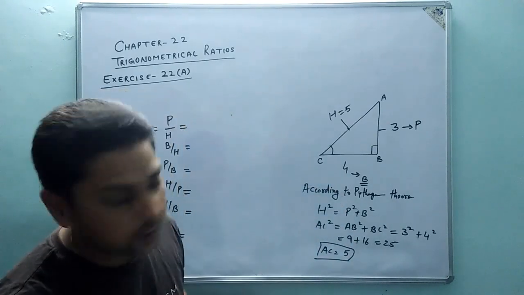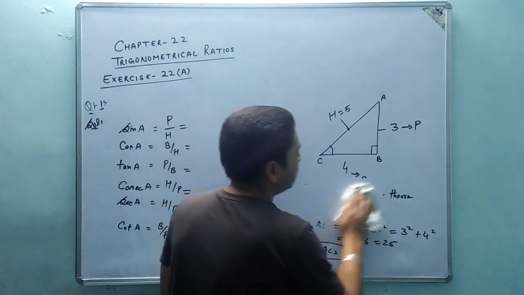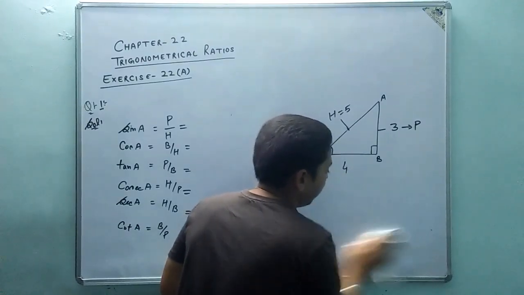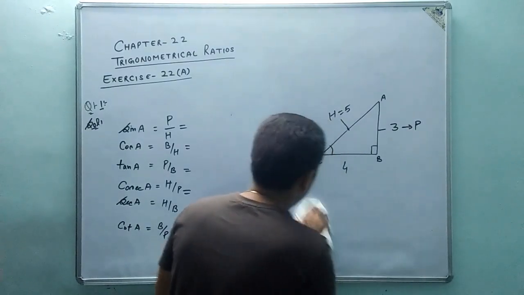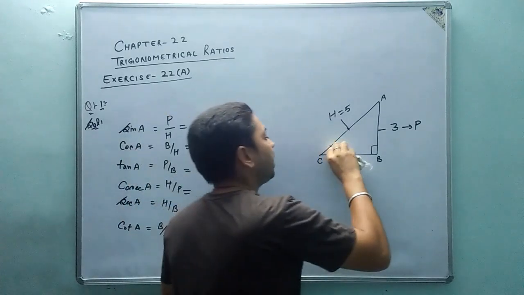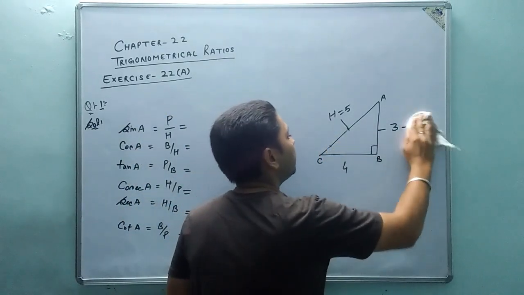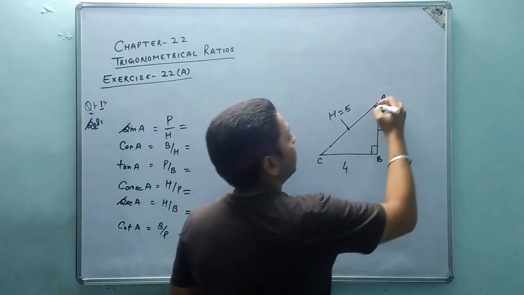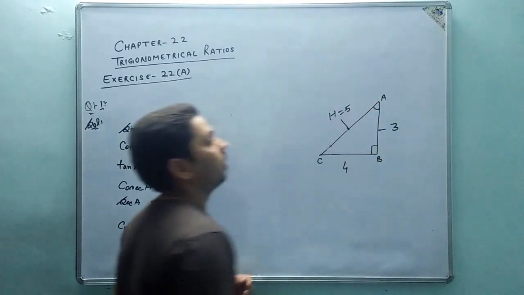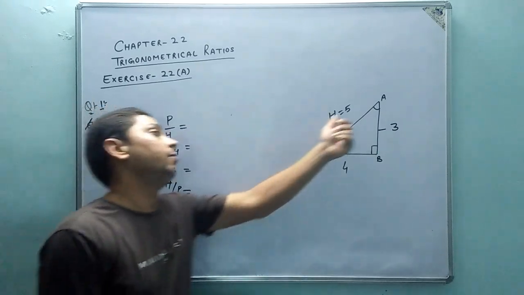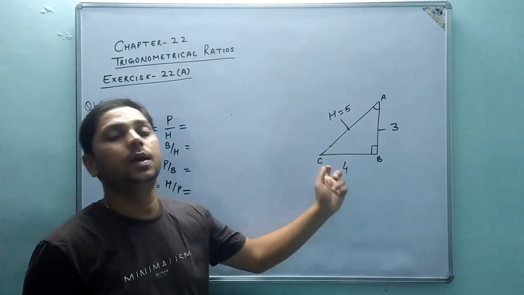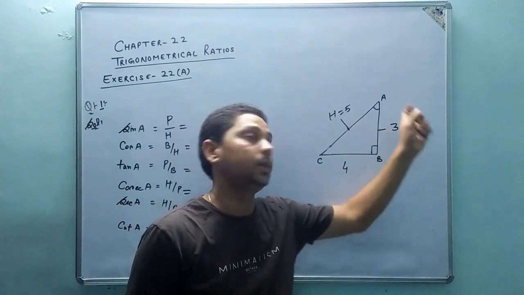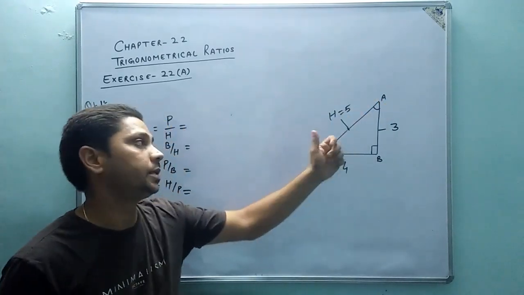We have already found the values of perpendicular and base. These three sides we already have, but the base angle is now changed. Base angle is angle A here. Now where we had the base, there will be a perpendicular, and where we had perpendicular, there will be a base, because we are changing this base angle.